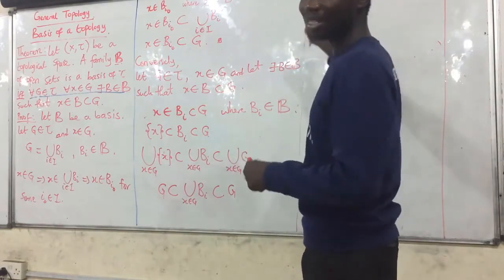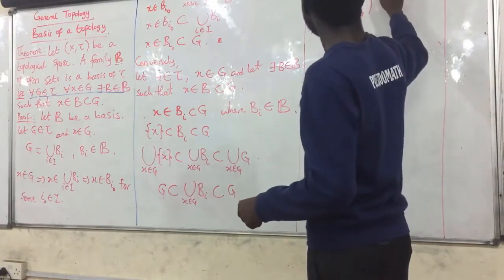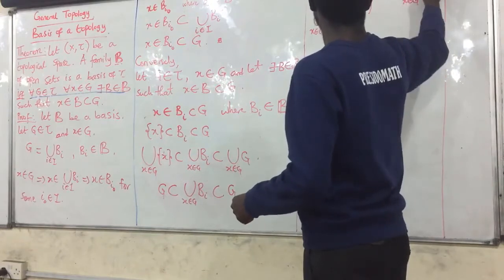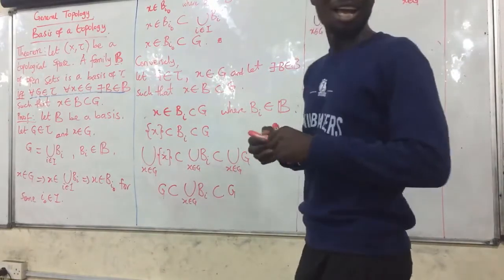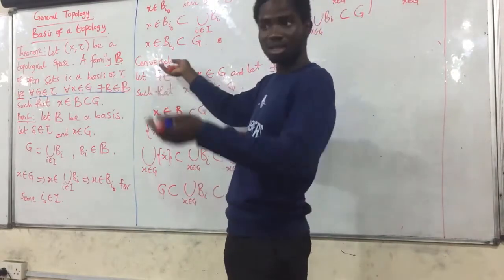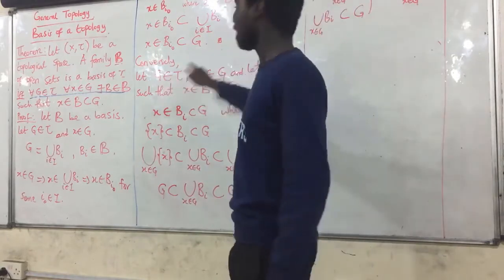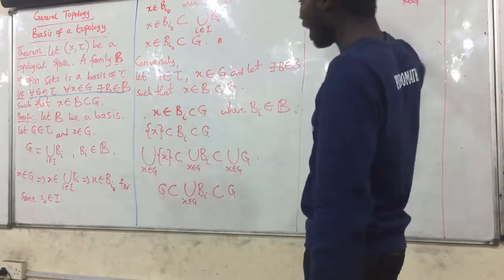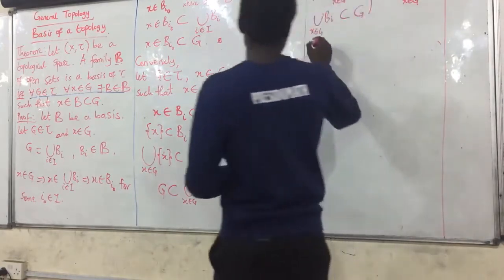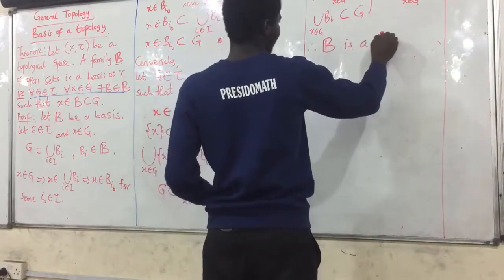A is inside B and B is inside A. It means that G is equal to the union of S in G of BI. And since G is taken arbitrary, I've written the element of this topology as a union of BI, and this BI is coming from B. So that means B is a basis. Therefore, B is a basis.